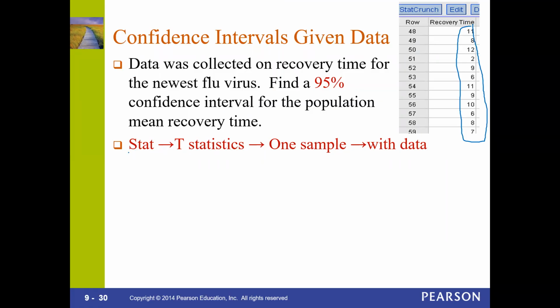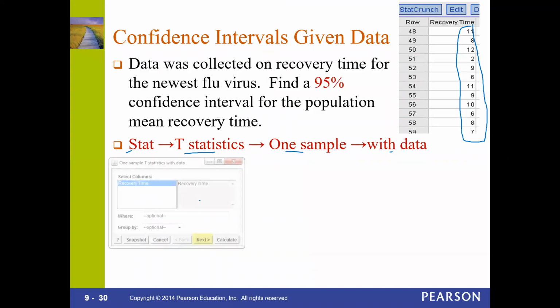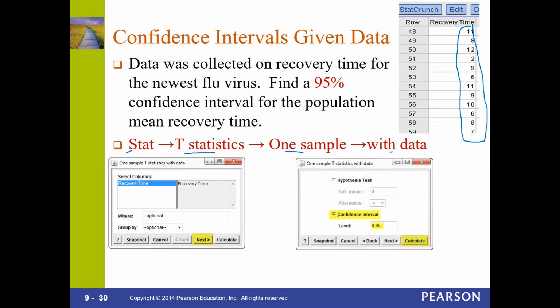Then you do Stat, T Statistics, One Sample, With Data. Select confidence interval. Select recovery time, click next, put 95% for the confidence level, and then calculate.